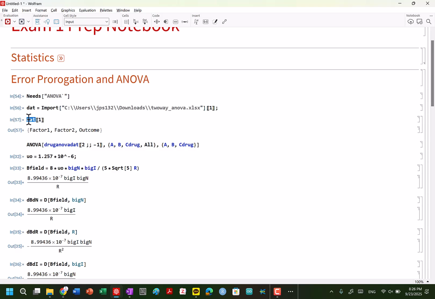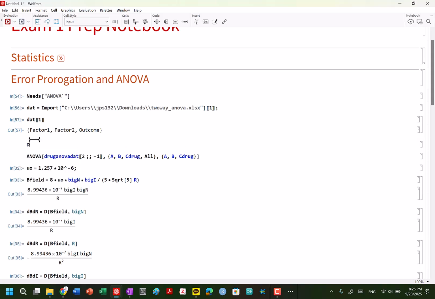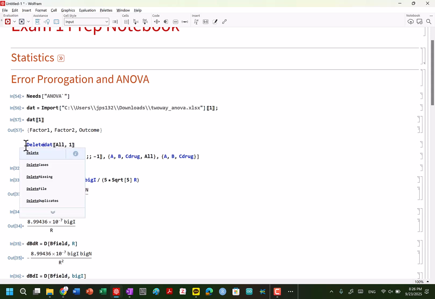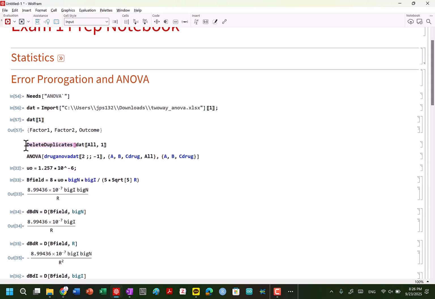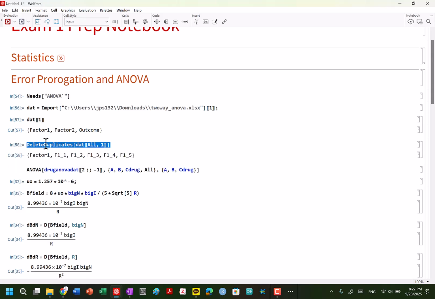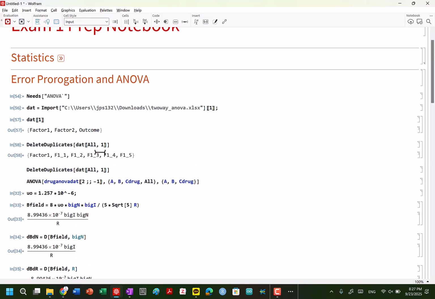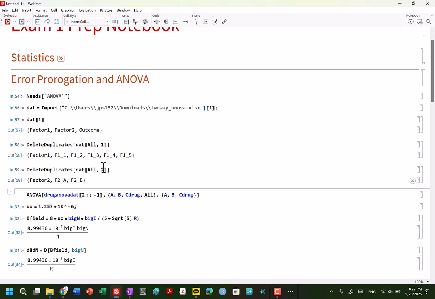Now I'm going to say DAT, give me all the rows, the first column, and delete duplicates so I can look at that. And I want to see what's in here. So I have 5 conditions because factor 1 is my variable. I can look at the second column and I can see I only have 2 conditions there.